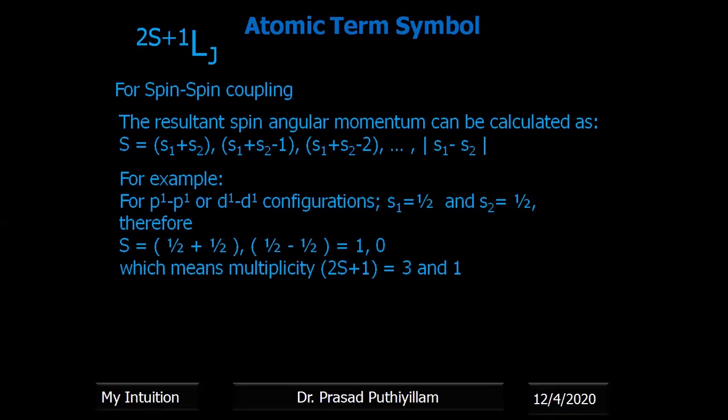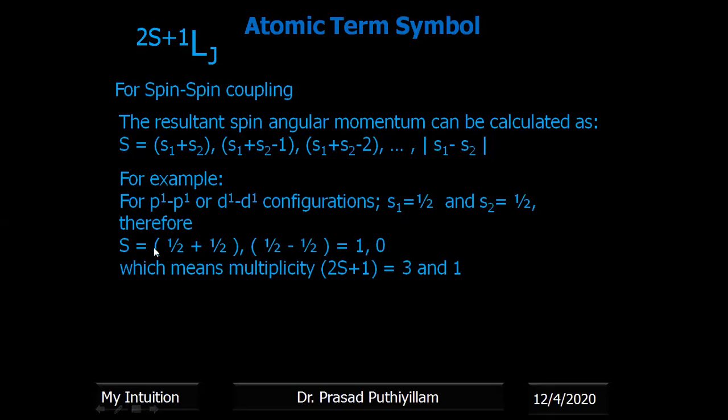For example, in a P1 P1 or D1 D1 configuration, in which only one electron is present, its spin will be half. So S1 is half and S2 is also half, since it is P1 and P1 or D1 and D1. The spin values we represent as half.